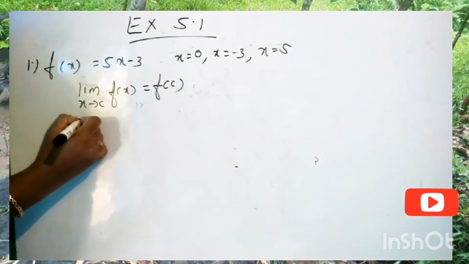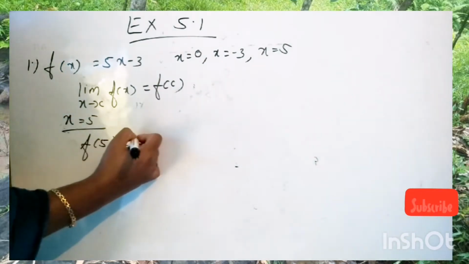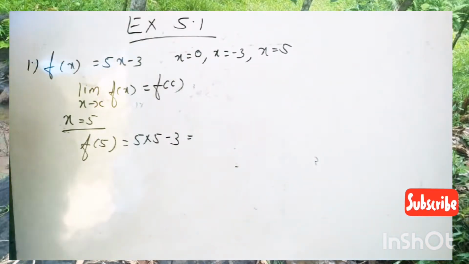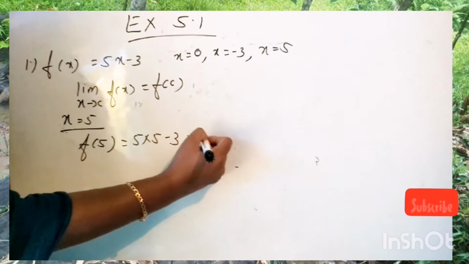Now x is equal to 5. F of 5 is equal to 5 into 5 minus 3. That is 5 into 5, we will get 25, 25 minus 3, that is 22.